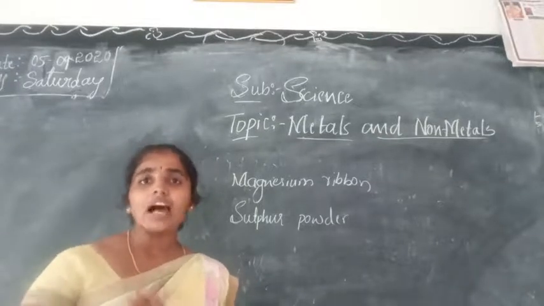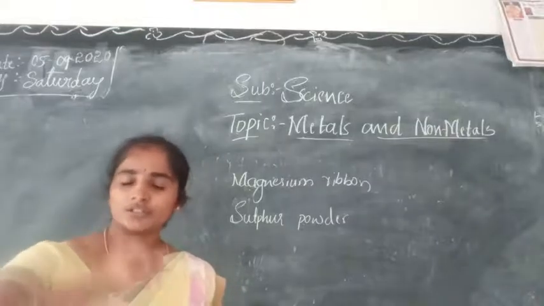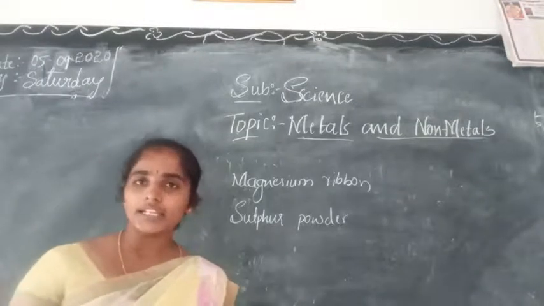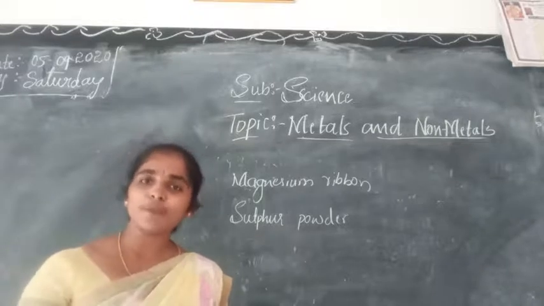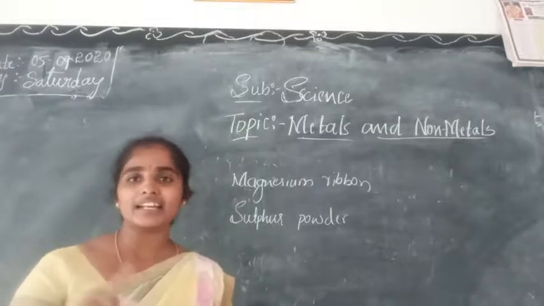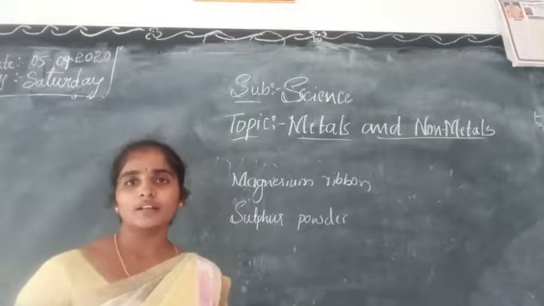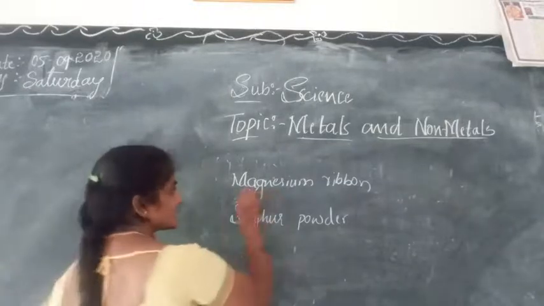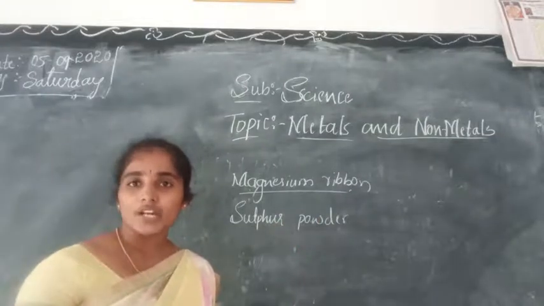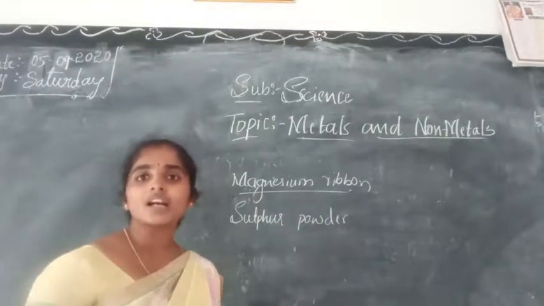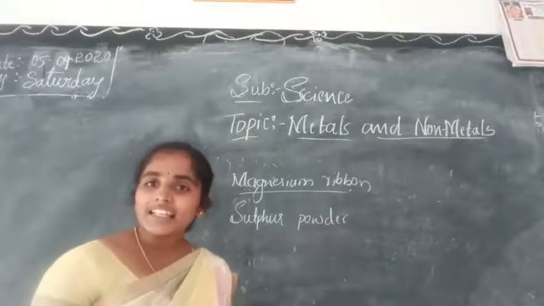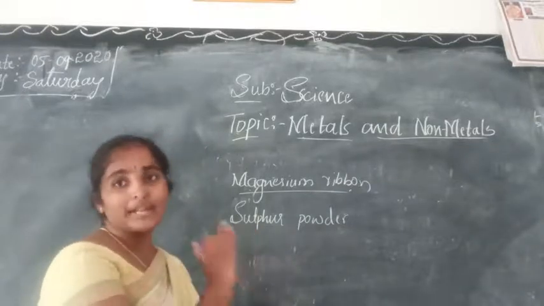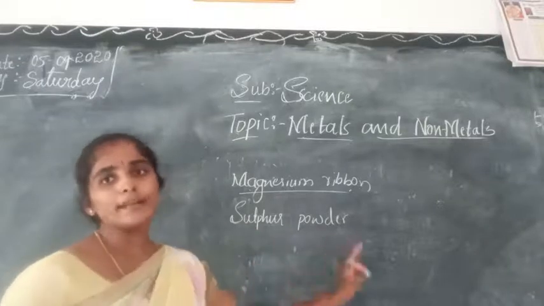Dissolve the ash in water and test the solution using blue or red litmus paper. What do you observe? Magnesium ribbon is a metal. Metals give rise to basic oxides when they are dissolved in water.